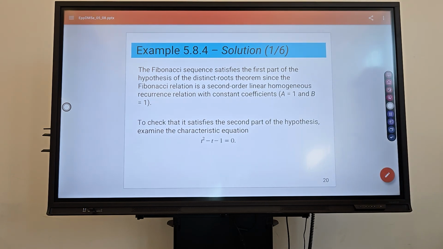Well, the Fibonacci sequence satisfies the first part of the hypothesis of the distinct roots theorem, since it is a second-order linear homogeneous recurrence relation with constant coefficients. A equals 1 and B equals 1. To check that it satisfies the second part of the hypothesis, examine the characteristic equation t squared minus t minus 1 equals 0.